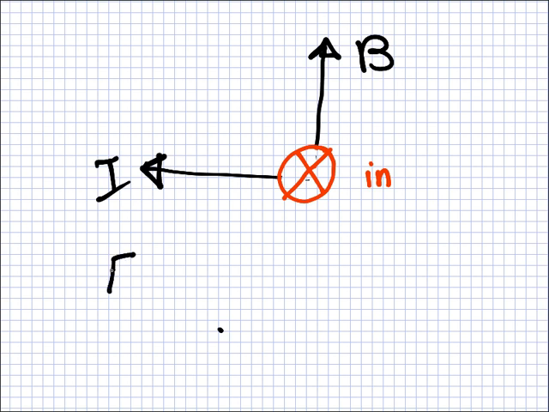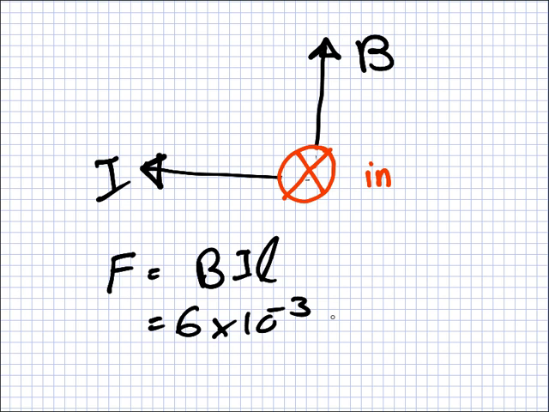So the formula for the force is BIL, which is 6 times 10 to the minus 3 times 4 times 2, which is 8, 8 times 6, 48. Isn't it QEB? No, BIL. Why do I remember QEB?